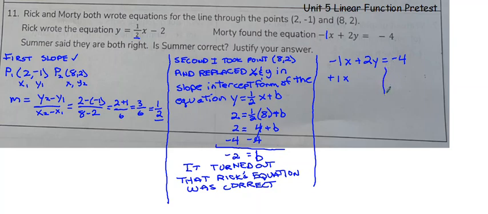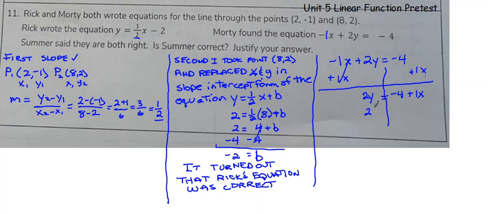I'll put a line down here. So we're going to go plus 1x. So these cancel. Negative 1 plus 1 is 0. So those drop off. And I've got 2y equals negative 4 plus 1x. Okay.